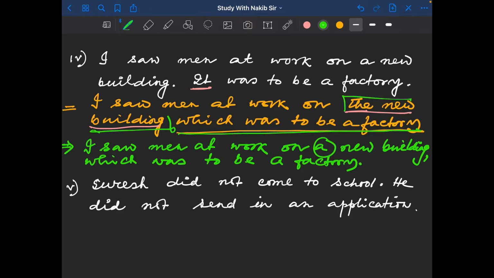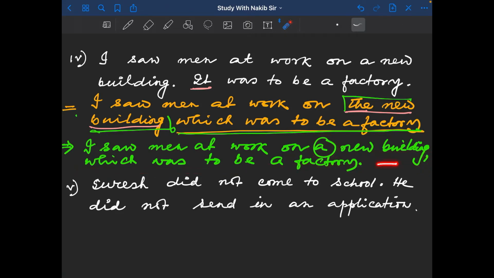So your combined sentence is I saw men at work on the new building which was to be a factory. Either this or use this: I saw men at work on a new building, comma, which was to be a factory.